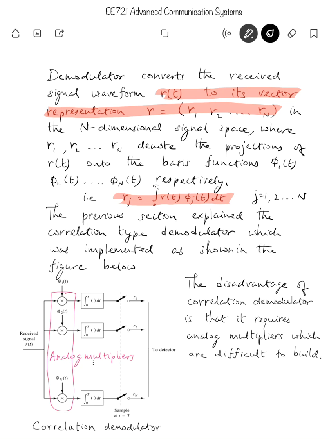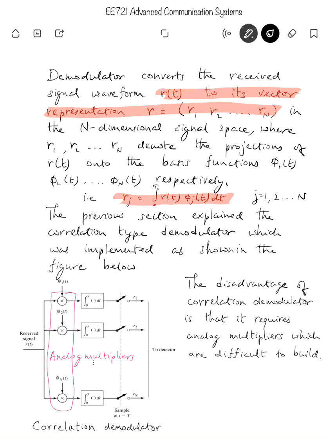And that's the job of the demodulator. And we've done this using the correlation demodulator, and we've seen the analysis for it in the previous session. But what is the disadvantage of the correlation demodulator? The disadvantage is that it requires these multipliers. These are analog multipliers which have to multiply the waveforms with the basis functions.